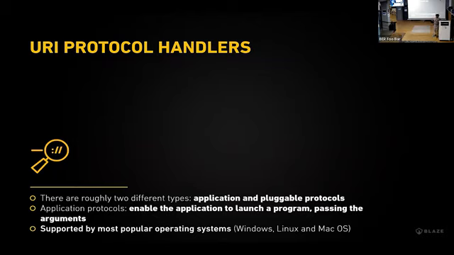So these are not the ones that we're talking about. What we're interested in are the application handlers, the ones where, in the case of, for example, the BitTorrent client, an actual external program is spawned. We'll see how we can leverage this kind of behavior to create some exploits.